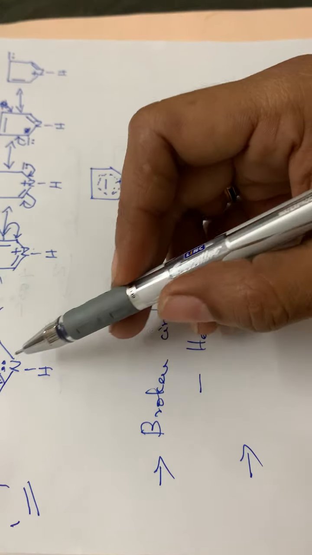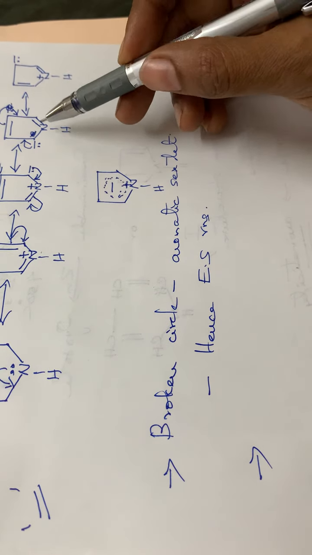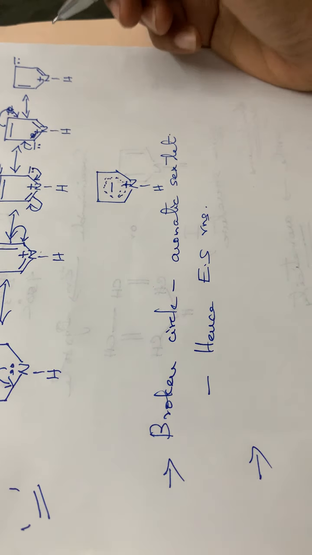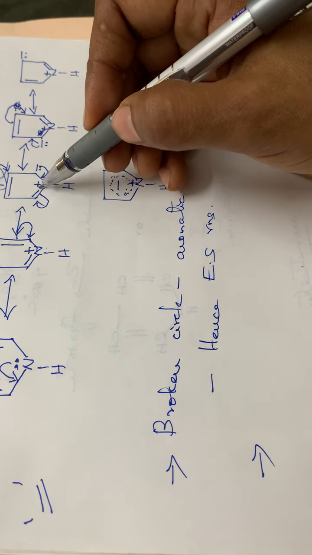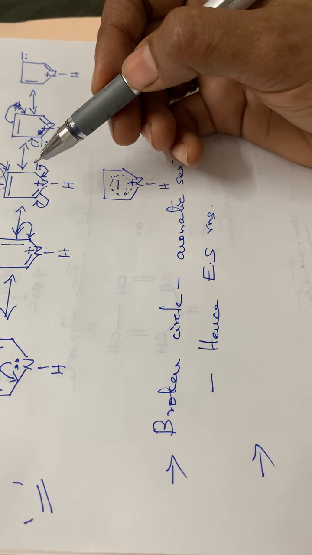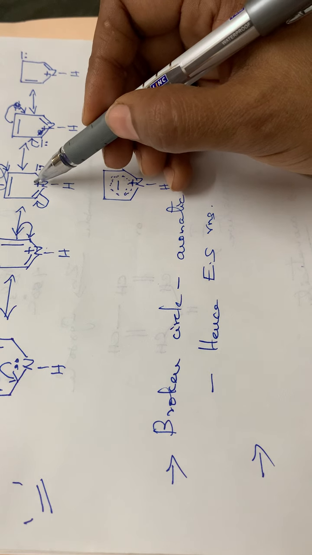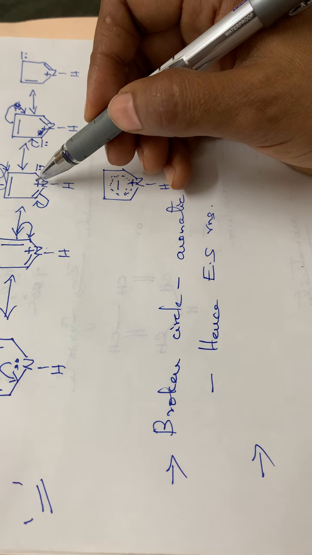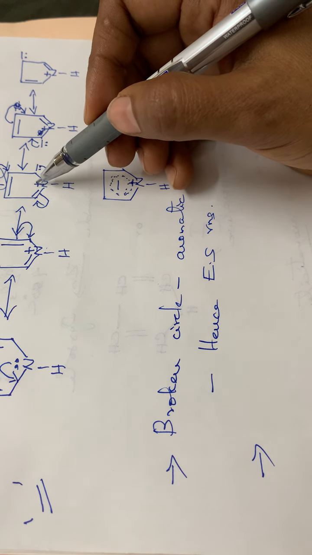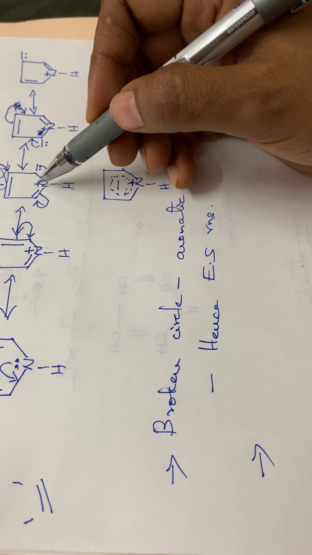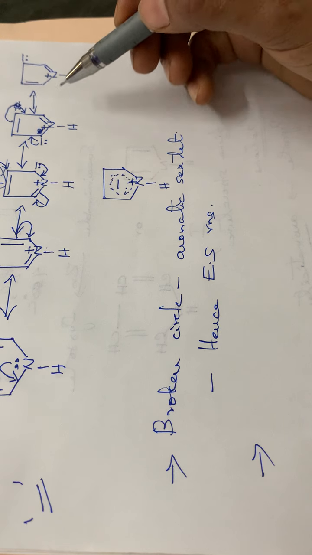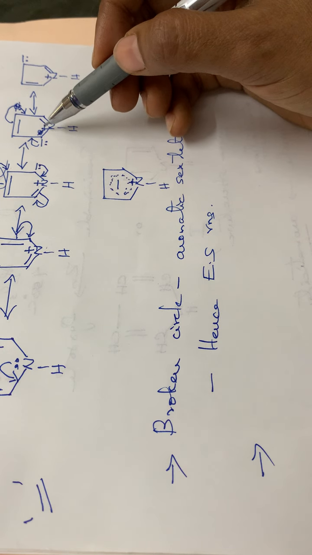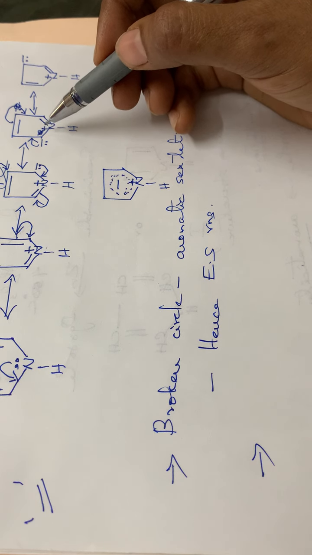See here, in all these structures, nitrogen has got a positive charge, right? Here also a positive charge. So in all these structures, nitrogen will be having a positive charge. That means nitrogen is electron deficient. Okay, so the non-availability of the lone pair of electrons on this nitrogen atom explains the lack of basic character.